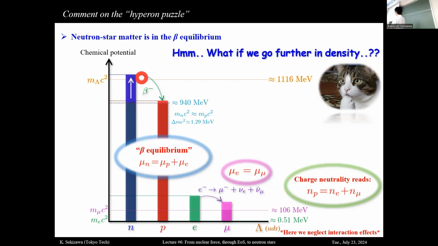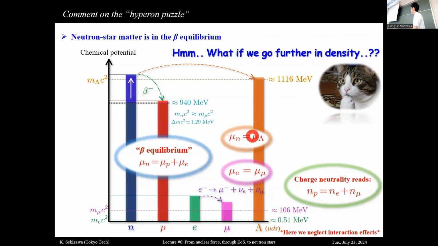So the neutron's chemical potential can exceed this value, and then again, we will convert the neutrons into lambda particles to reduce the total energy of the system.